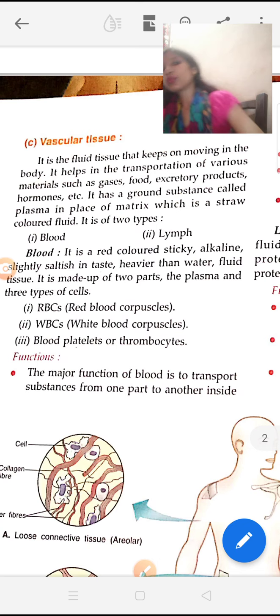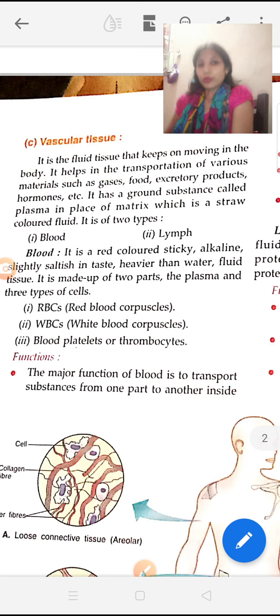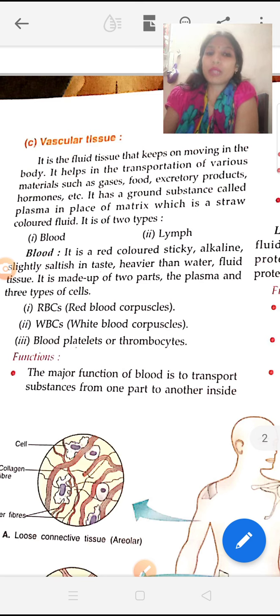The fluid connective tissue or the vascular tissue is categorized into two categories. The one is the blood and the other one is the lymph.